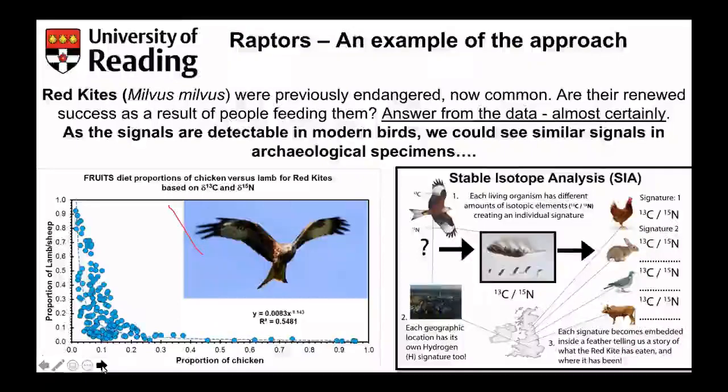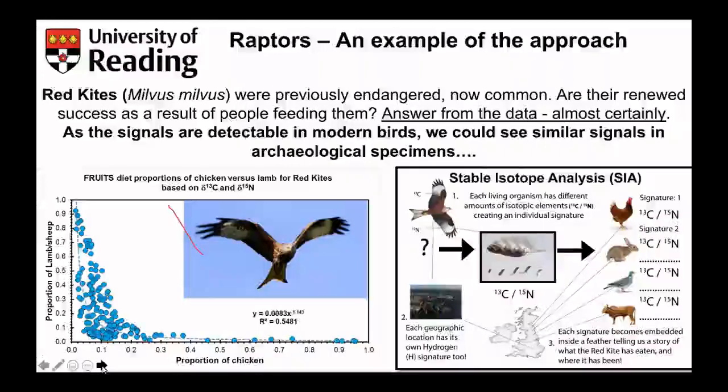This slide details some of the work we've done on raptors, in particular red kites, where we can look at the dietary information from the stable isotope analyses to unpick how human feeding behavior has helped the red kites come back from an endangered situation to a really quite common bird throughout Britain now. That is a direct result of human feeding, and there's no doubt about that. The isotope data really supports that.